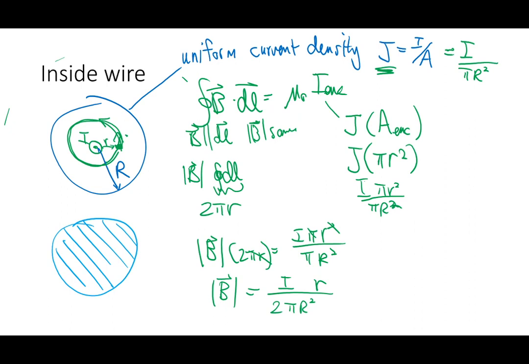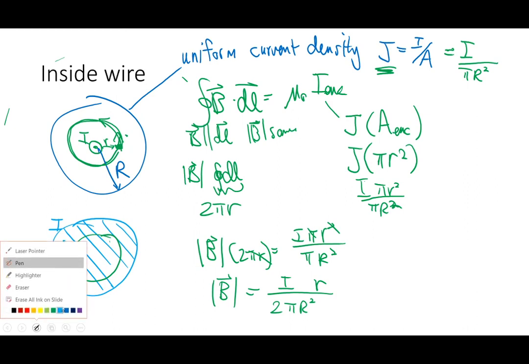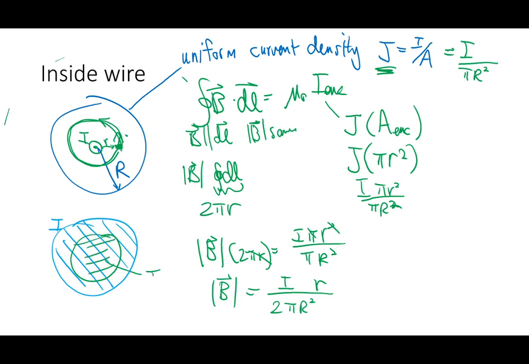We introduce it because for a point inside the wire, the Ampere loop doesn't cover the entire wire, it doesn't include the whole thing. So if the whole wire has a total current of I, whatever is inside this green area is only I divided by the total area multiplied by the area enclosed. So we call this thing the current density.